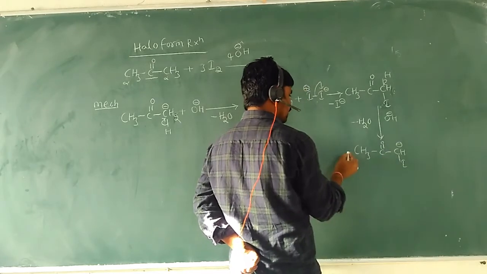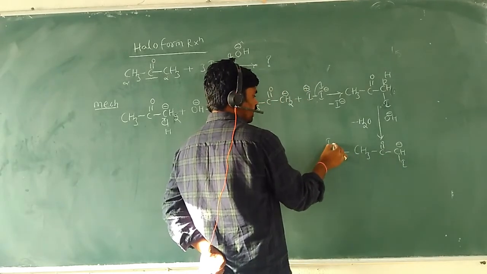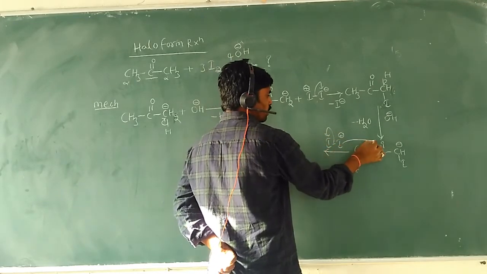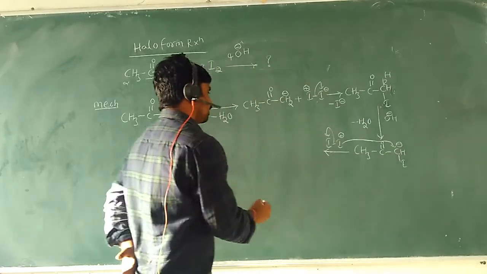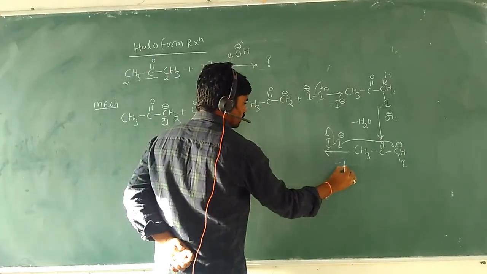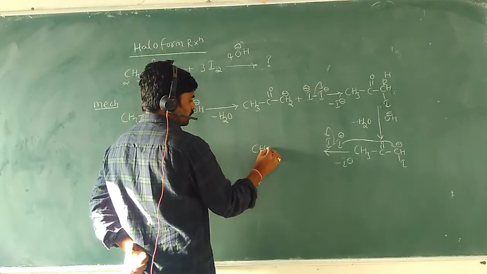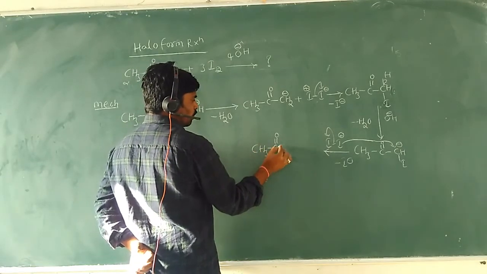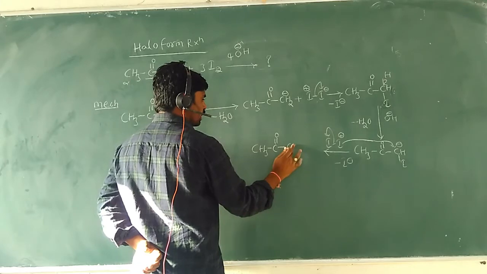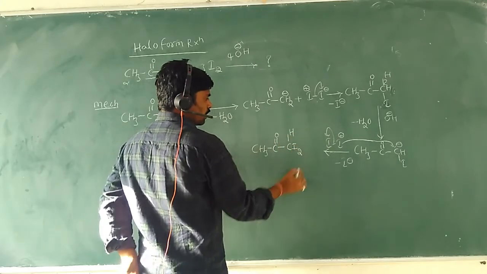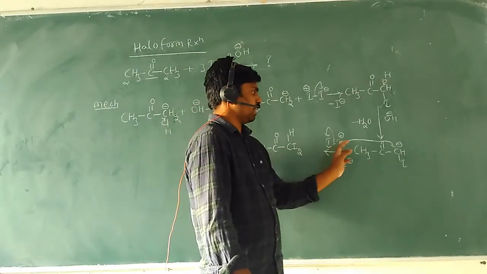This is a carbanion now, right? Again, it reacts with the iodine. The positive iodine comes to here. Right, now what is formed here? Remove the minus I. CH3, C double bond O, CH. This hydrogen I write separately, and here are the two iodines, one and one.